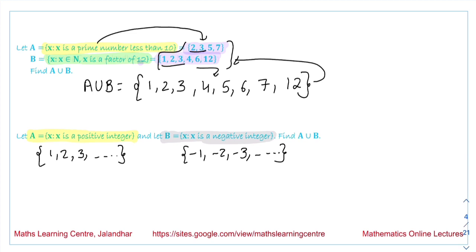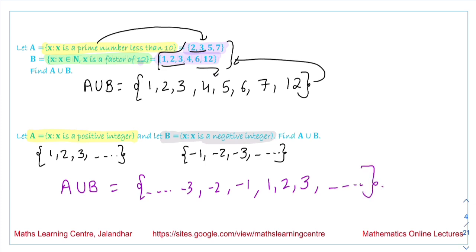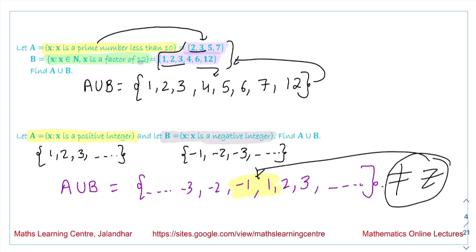So the union of these two sets, A union B, is -1, -2, -3 and so on, 1, 2, 3 and so on. 0 is not included over here. We are not saying that this is the set of integers, because 0 is not here. So this is the union of these two sets A and B.